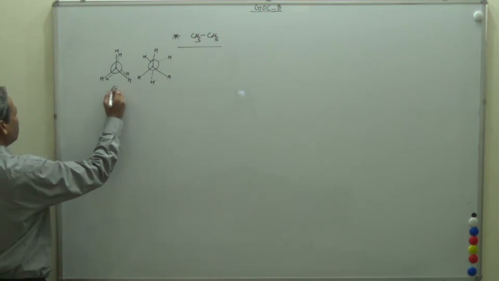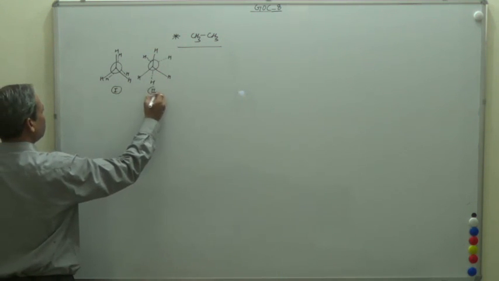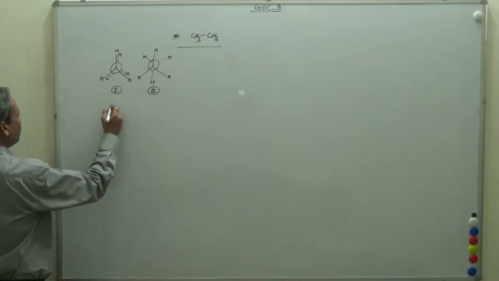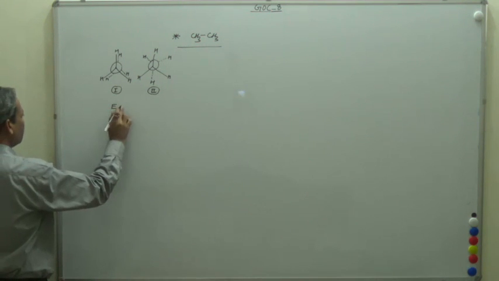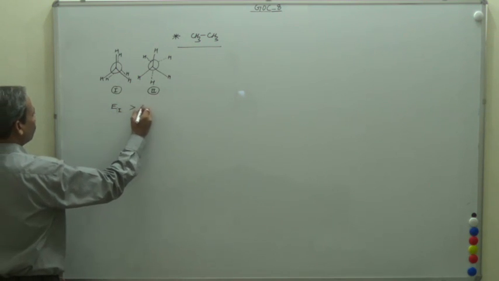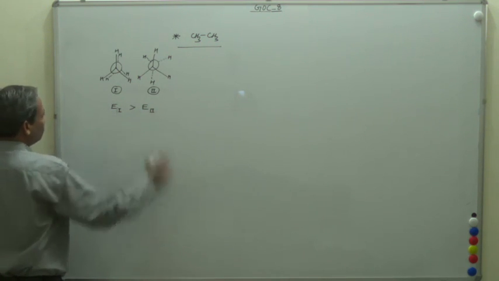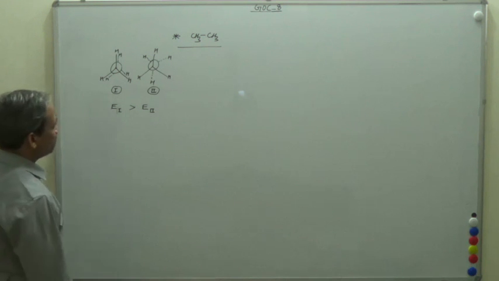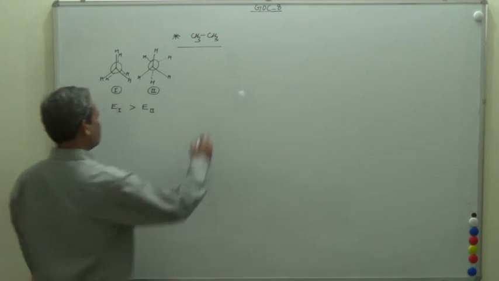So this is the eclipsed ethane and this is the staggered ethane. The energy of eclipsed ethane is more than the energy of staggered ethane.